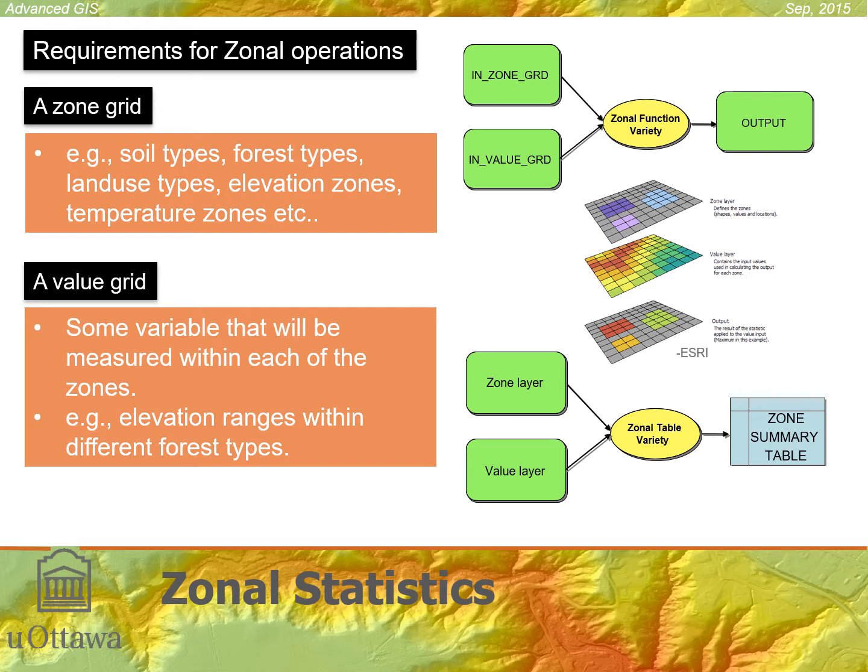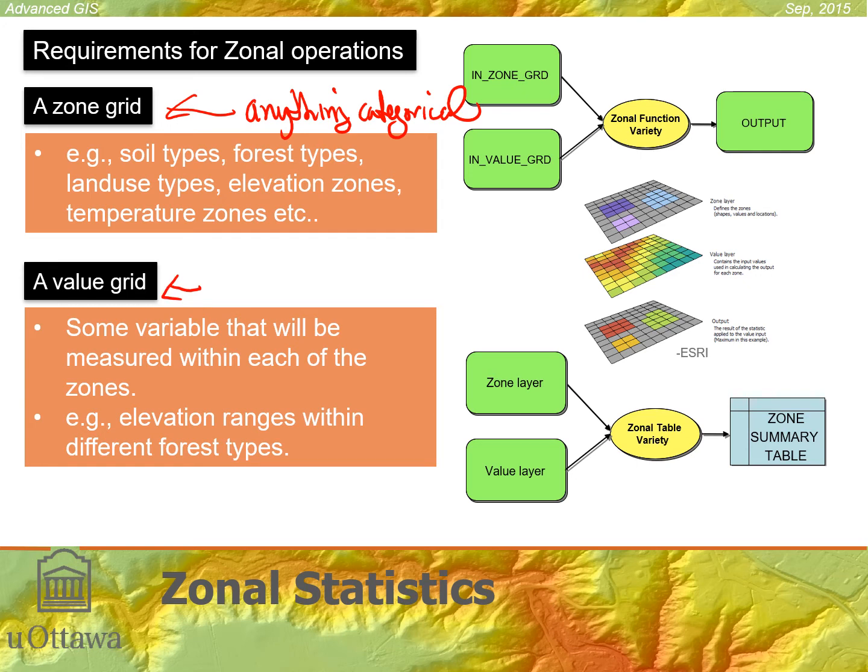Now, for zonal statistics operations, you need to have two things, or two layers. A zone layer that defines the zones, and that could be anything that is categorical. And a value grid.